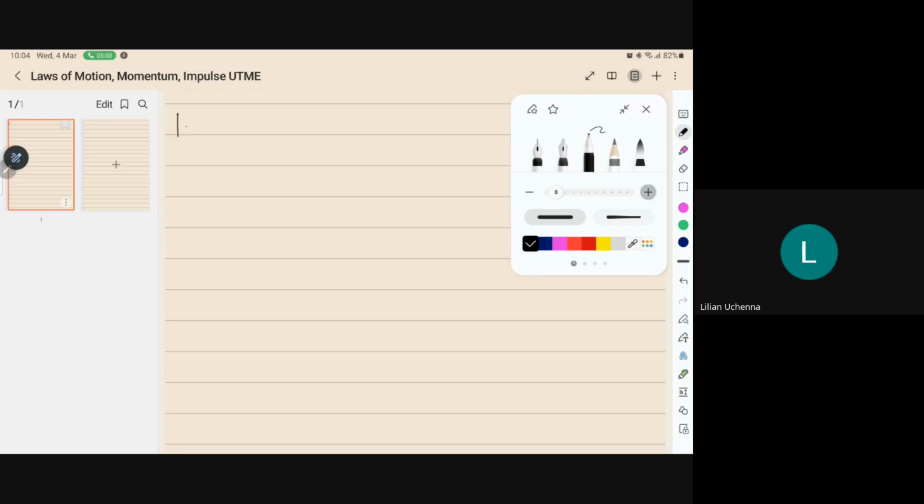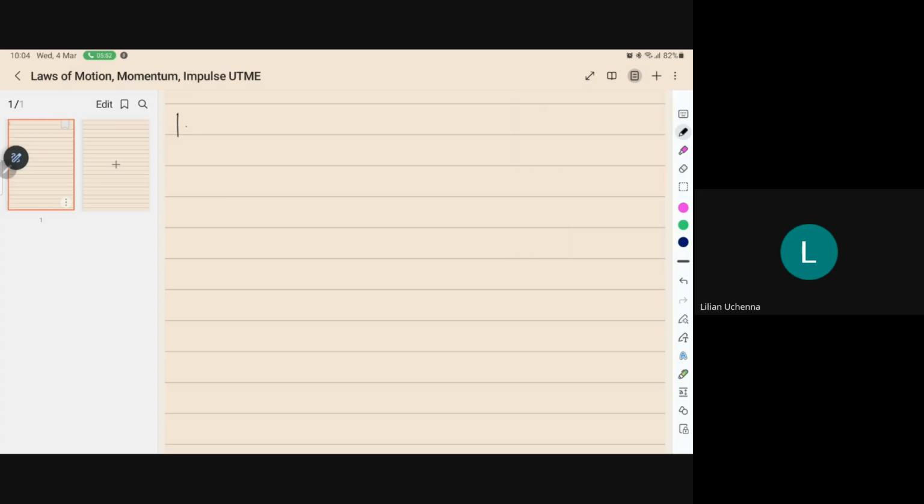Take that to heart and ensure that you grab that very concept. So number one is the meaning and applications of Newton's law.